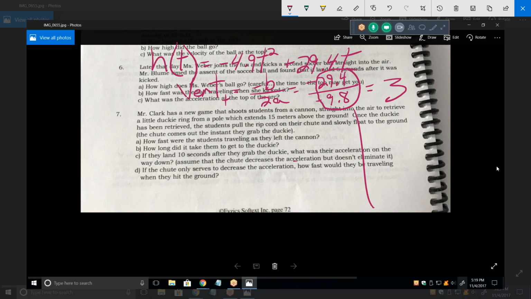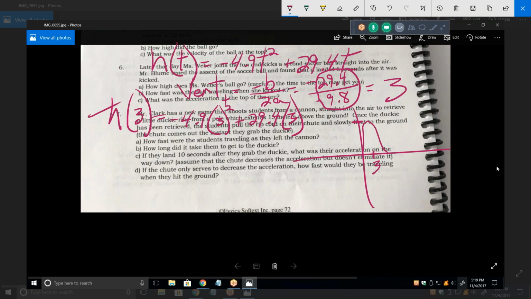We know that it is in the shape of a parabola. That's the point where it hits its height at 3 seconds. Now the question is, what is its height? Plug in 3 for t. So h of 3 is minus 4.9 times 3 squared plus 29.4 times 3.